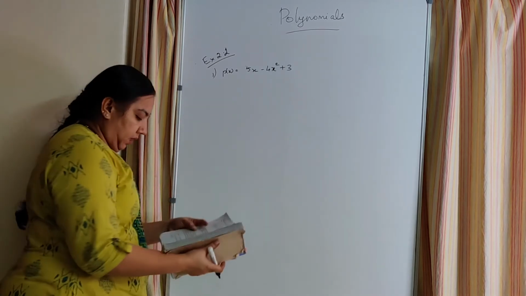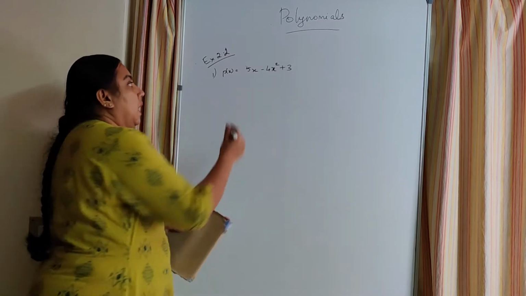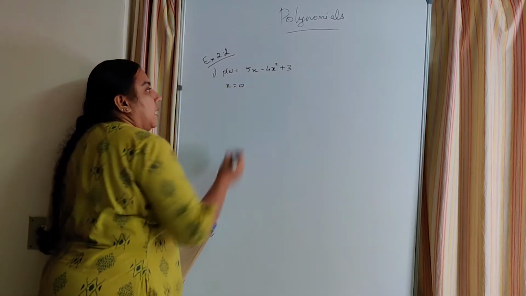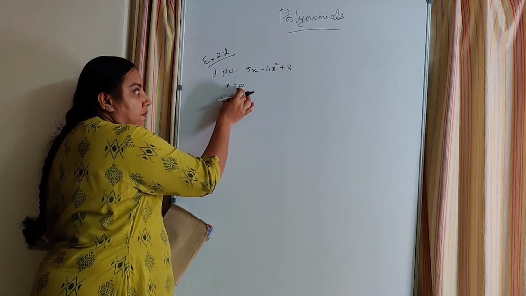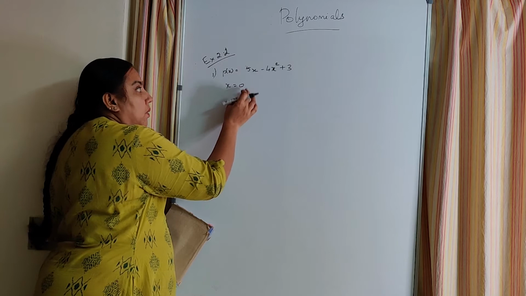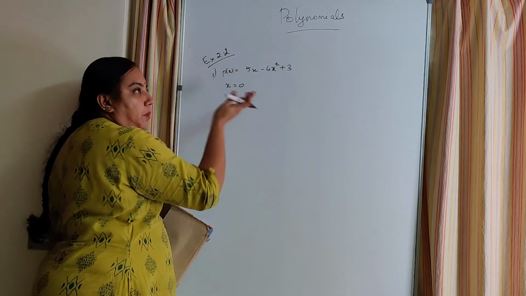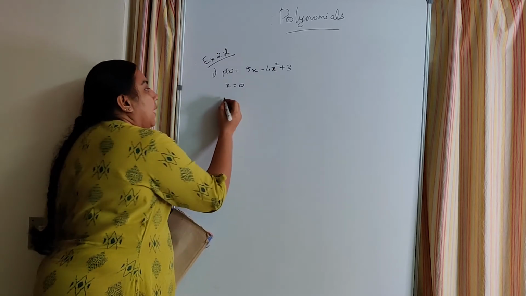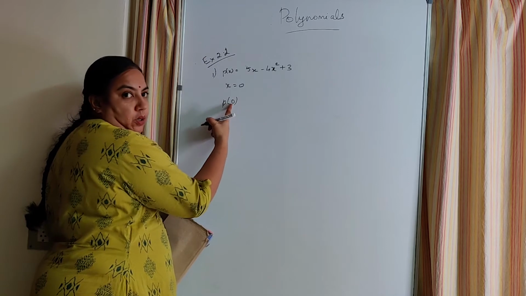Then in the first part of the first question, they have given x is equal to 0. What does it mean? Suppose I am going to use the value of 0 in the place of x. What is going to be the value of the polynomial? That is the question. So I will express it as P of 0. In the place of x, I am going to use 0.